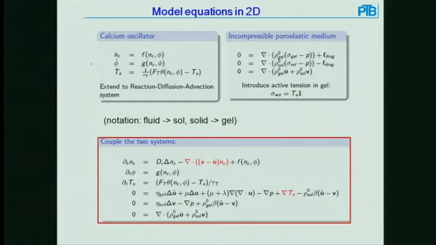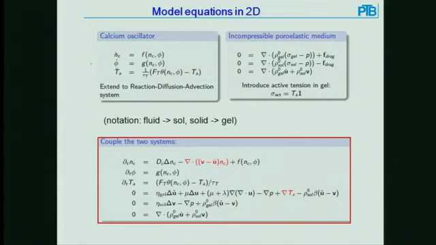So the first three equations are the calcium oscillator, but now there is a deformation, there is a flow field, and that leads to some advective transport. We neglect any transport in the second variable phi to make things a bit simpler, and then this active tension will be determined by these two chemical variables, and it will couple back into the mechanics just in this way. So it's a very simple coupling of two systems, which in themselves I think are very well understood.